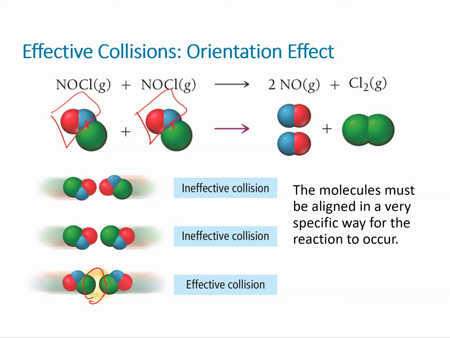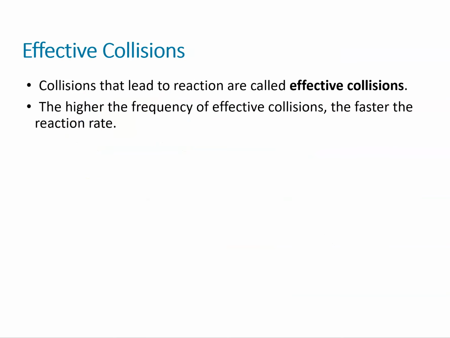So typically, the larger and more complex a molecule is, or a series of reactant molecules are, the lower the fraction of collisions that are effective because of having correct orientation. That said, if you have a more frequent set of collisions, that's going to help too, because just by rolling the dice over and over, you're going to get a higher likelihood of effective collision.